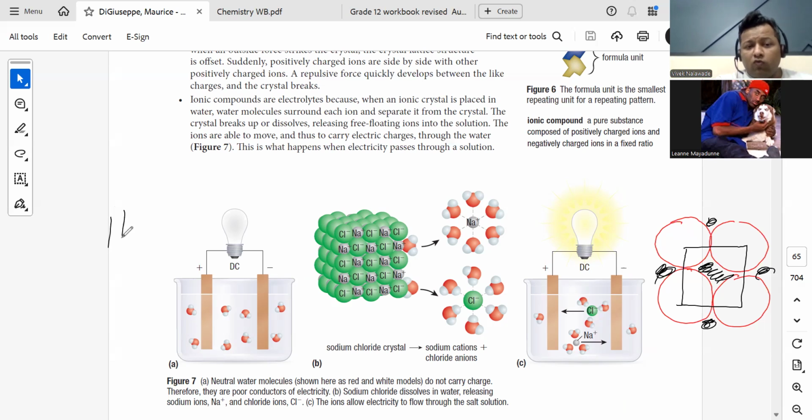Now we know water is polar in nature. What does that mean? Water has a partial positive and negative charge on its bonds. Remember that water is polar.